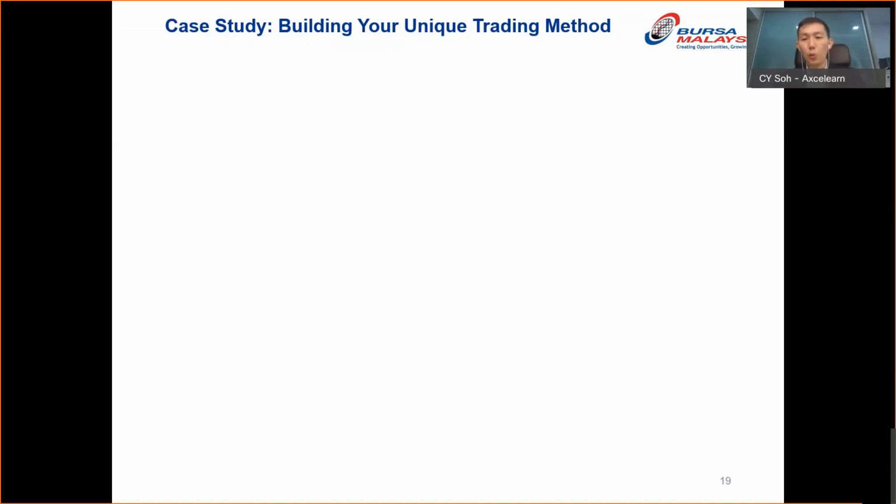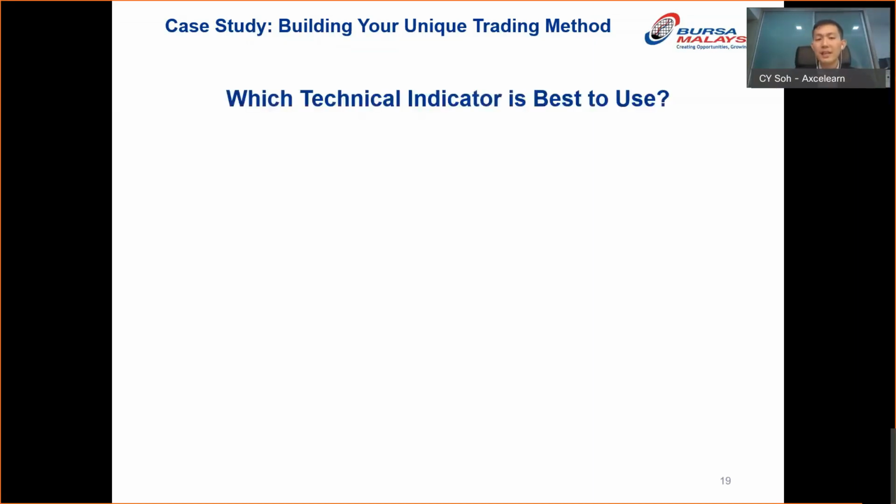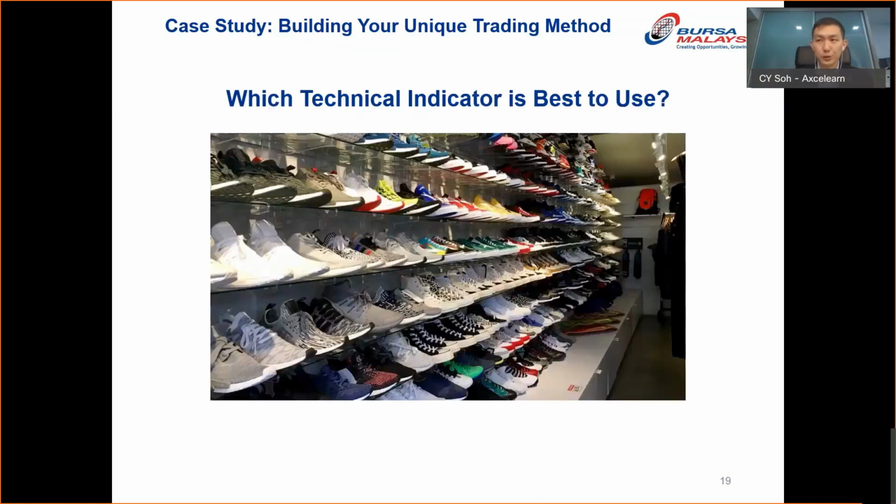And do you know which one is actually the best? Do you really understand those indicators well enough or not? Now, for example, let's say you are going to buy a pair of shoes. Can you tell me which shoes are the best fit for you? Among so many pairs of shoes and so many styles, how are you going to choose a pair that is perfectly right for you?